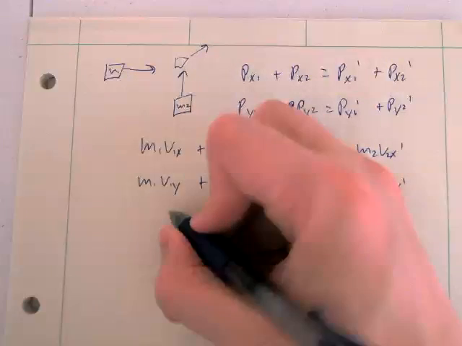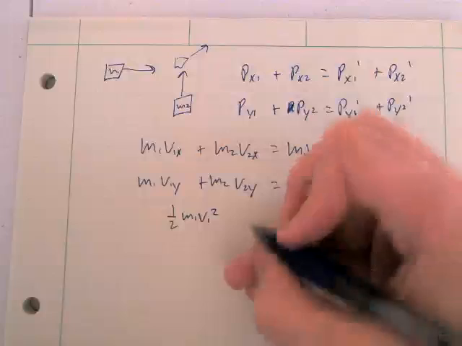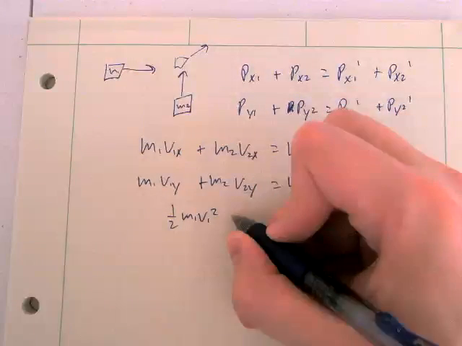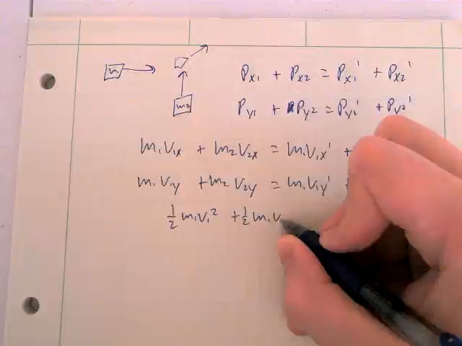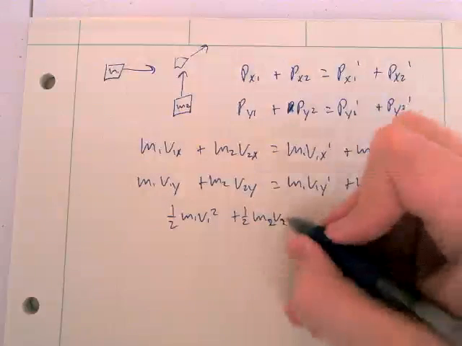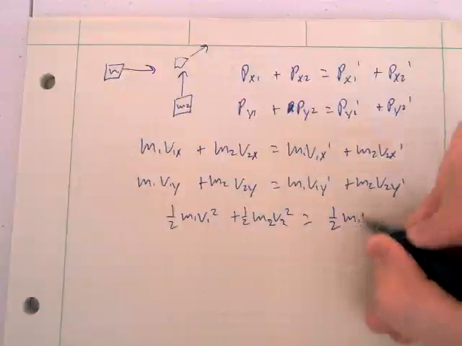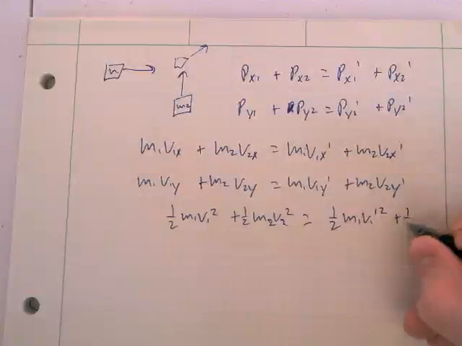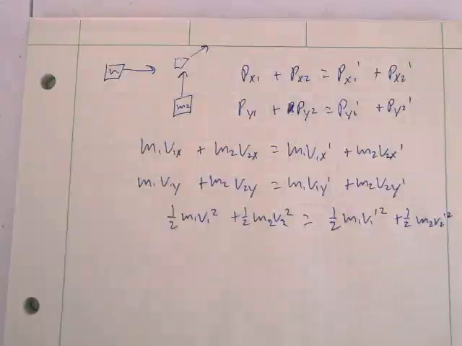Then in that case, you would still also have your conservation of kinetic energy equation: 1/2 m1 v1 squared plus 1/2 m2 v2 squared equals 1/2 m1 v1 prime squared plus 1/2 m2 v2 prime squared, right?